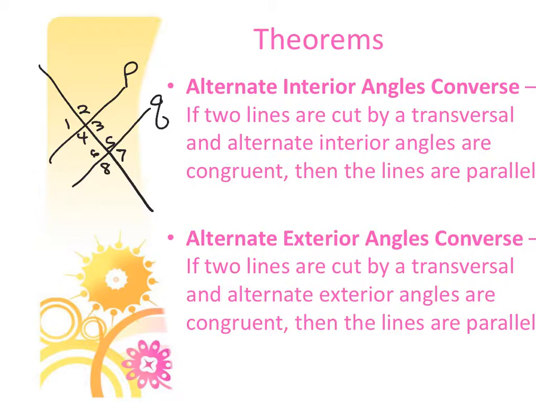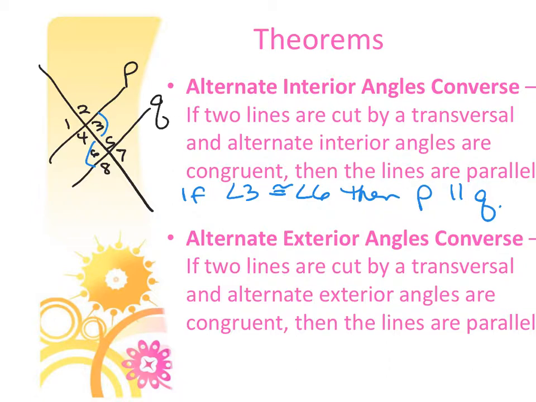So here, if I have two of my angles that are marked, say 3 and 6, with congruency marks, and I'm asked to prove that line P is parallel to Q, the way that I could prove it is I could state that if angle 3 is congruent to angle 6, then line P is parallel to Q. And this reason would be the alternate interior angles converse.